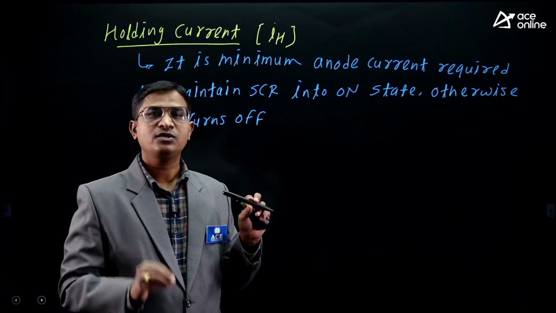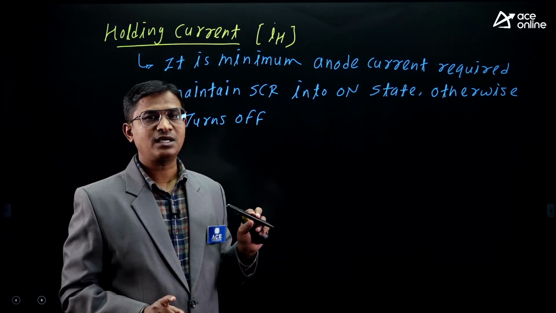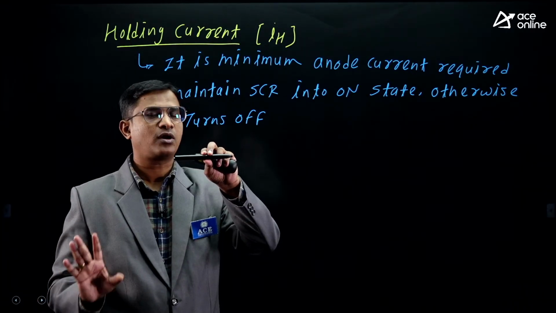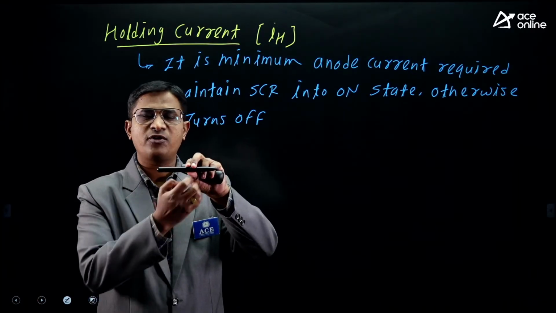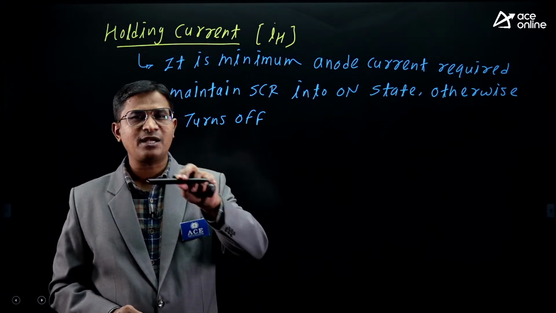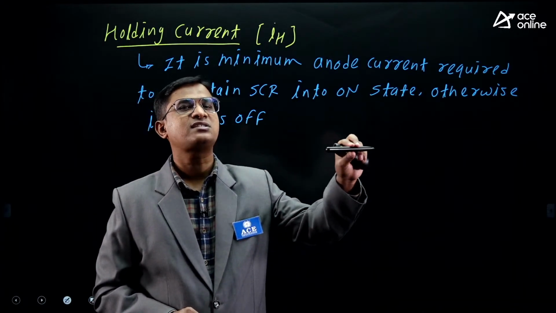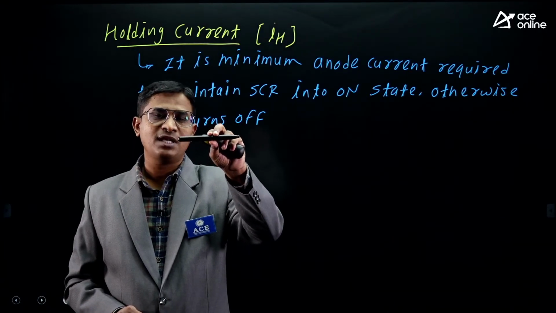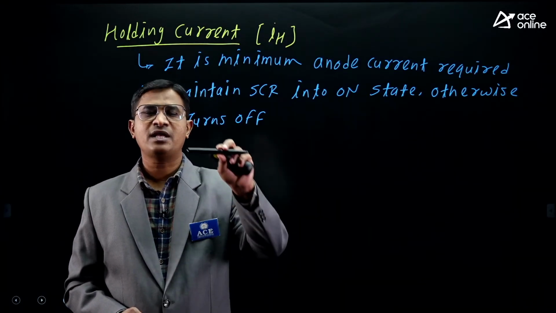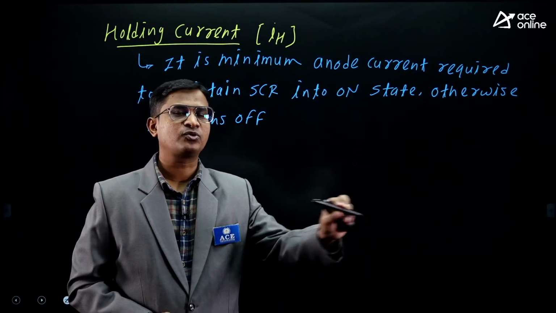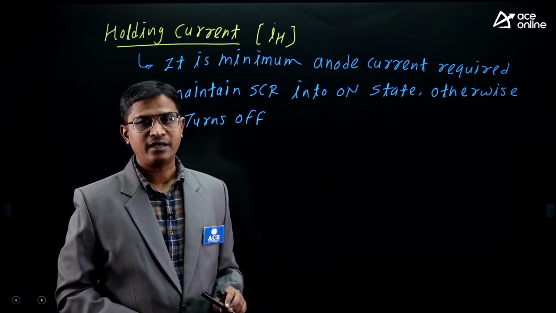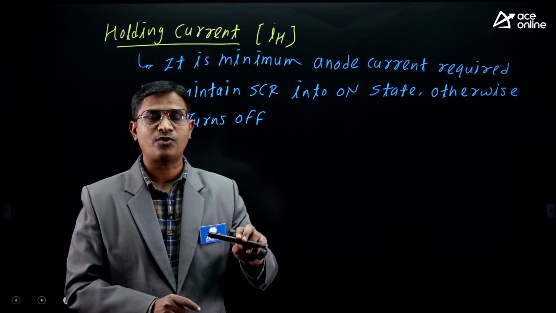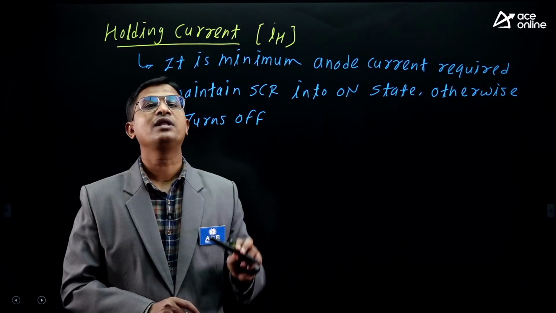If the current flowing through the SCR becomes less than the holding current value, then my SCR will come back to the off state. So in order to turn off the SCR, how much current do we require? We require the holding current.